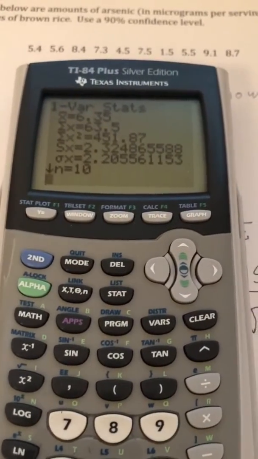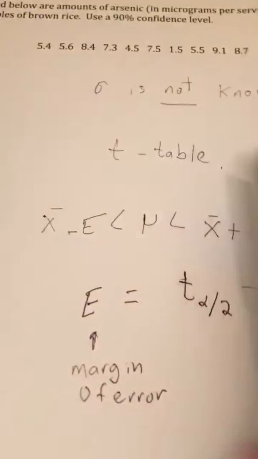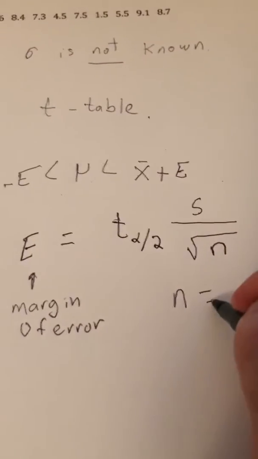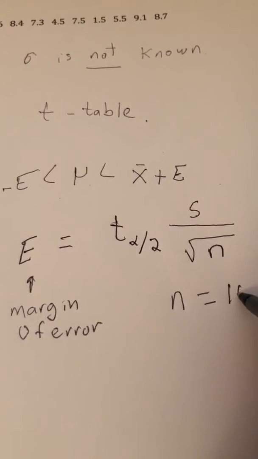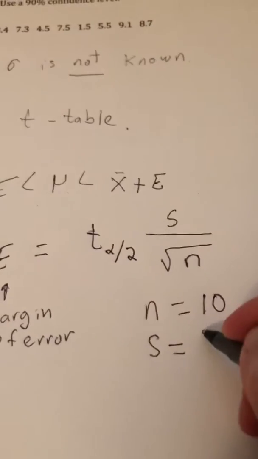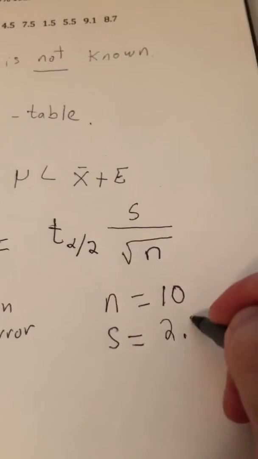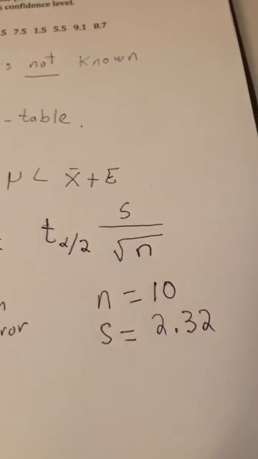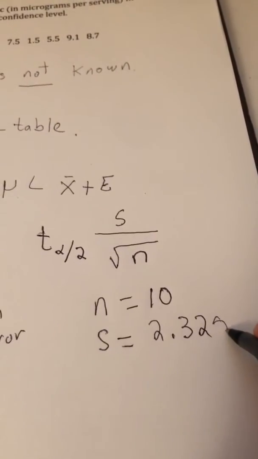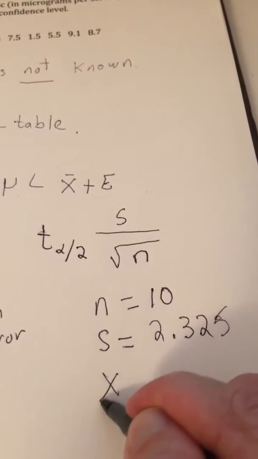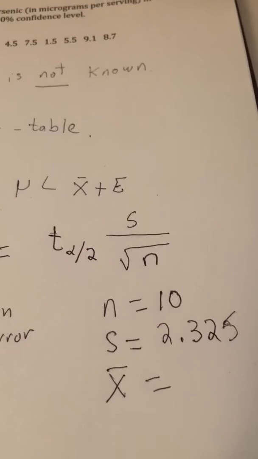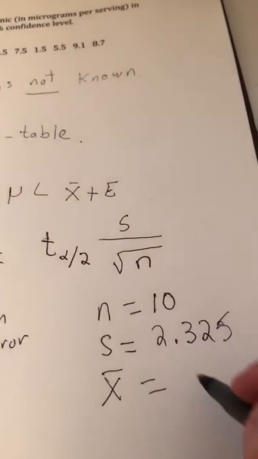So let's write down what we have here. n, of course, is 10. s is 2.325. x bar is 6.35.